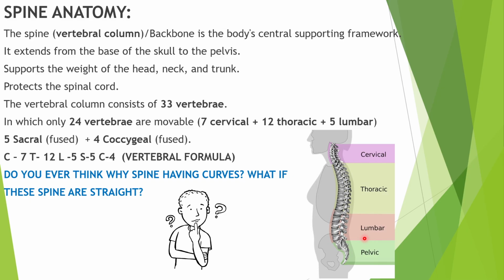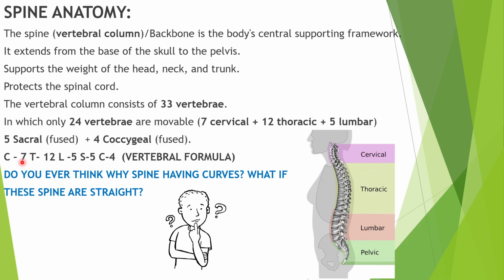Okay. In the baby, the sacral vertebrae, 5 in number, are not fused, and the coccygeal ones are also not fused in the baby; they are separate vertebrae. But when the baby grows, the pelvic region vertebrae get fused into 1.